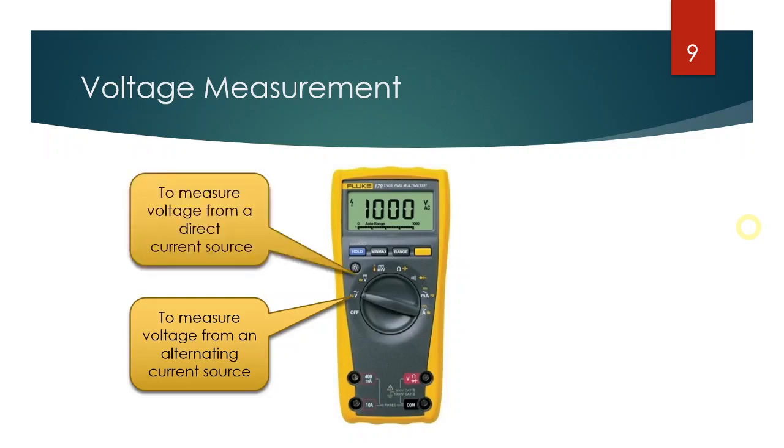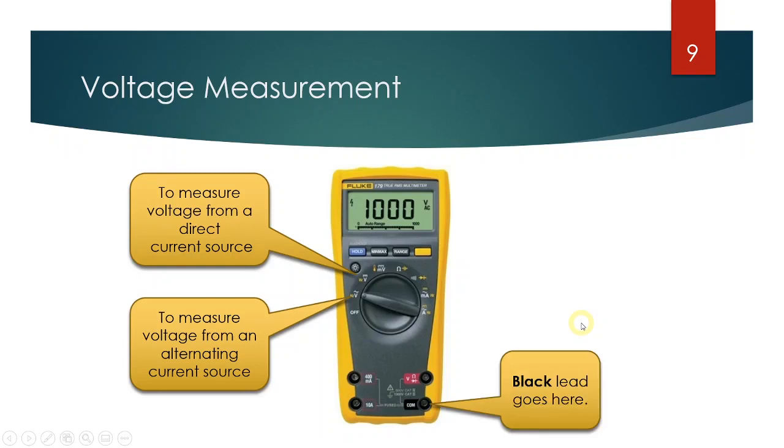So the V with a straight line over it is our direct current. It does not alternate. So when we're measuring from a battery, make sure to click it to this second position right here. And when we're doing alternating current, make sure to select that position there.